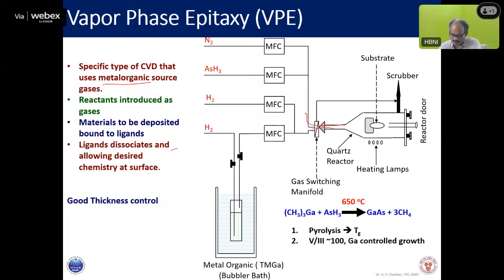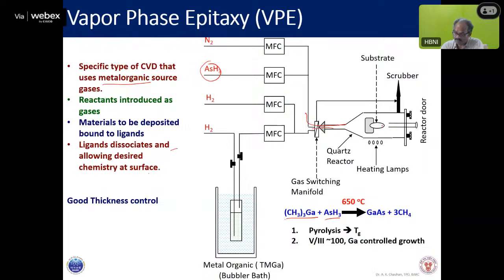So suppose you have a metal organic compound here, and then this is arsenic, this gas, arsine.